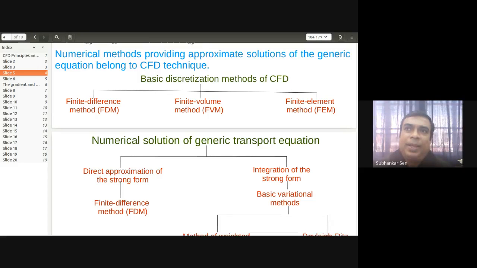Suppose there is a square. If you make parallel lines and divide the square into four parts, we get a grid of small squares. So we get a grid of cells and so many grid lines. These straight lines or curved lines are known as the grid lines. In the case of a structured mesh, we can identify the grid lines.